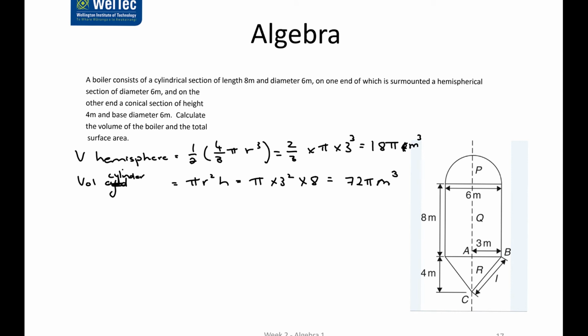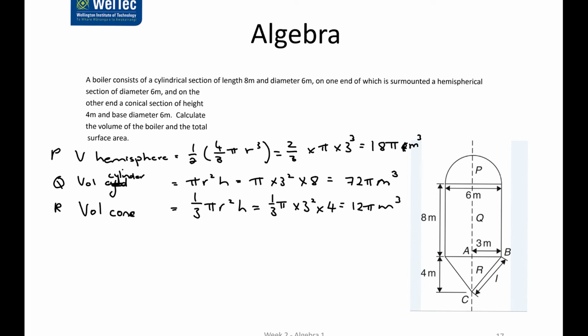The volume of the cone is going to be, now the volume of the hemisphere is P, the volume of the cylinder is Q, the volume of the cone is R, and the volume of the cone would be 1/3 pi r squared h, so that's equal to 1/3 times pi times 3 squared times, now look at the diagram, times 4, so that's 12 pi centimetres cubed.